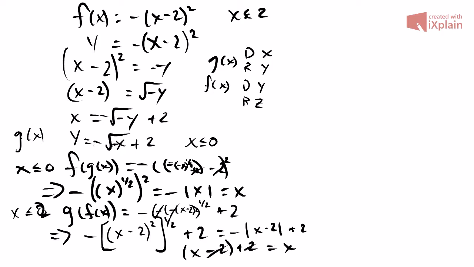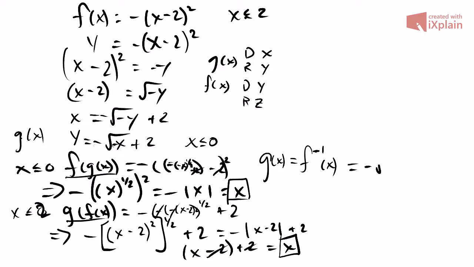So f composed with g and g composed with f both equal x. Because they both equal x, we know that g of x is equal to the inverse of f. So f inverse of x is equal to g of x, which is negative square root of negative x, plus 2, defined on x less than or equal to 0.